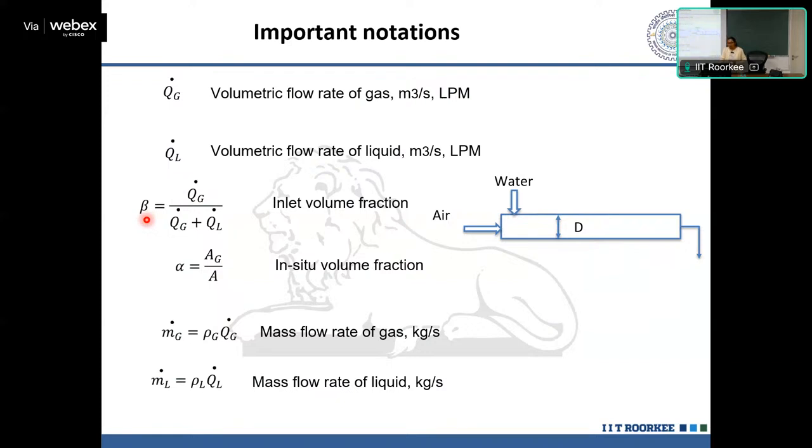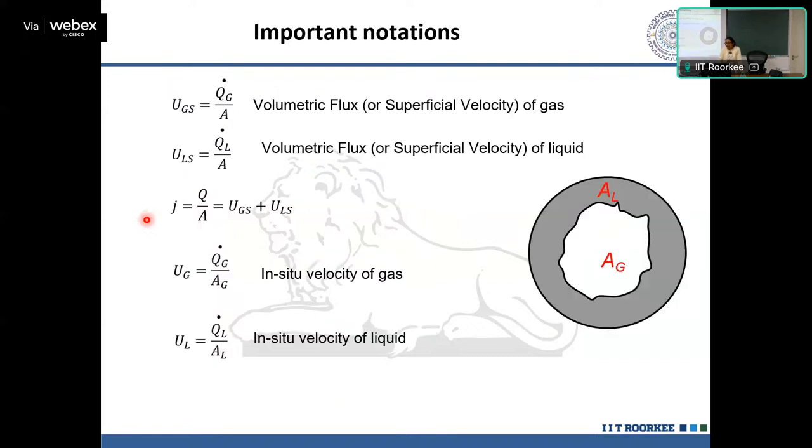Now there is another volume fraction from which very interesting information can be gathered, that is the in situ volume fraction. What is the in situ volume fraction? Suppose this is the cross-sectional view of any flow distribution.